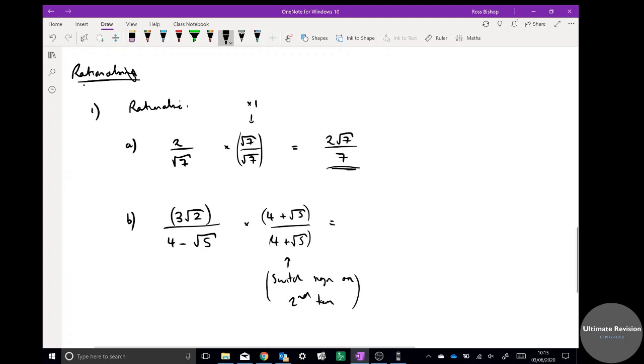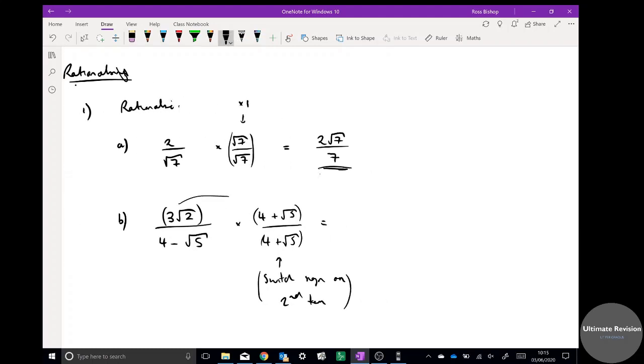And in order to do that, you'll find that it does eliminate the surd on the bottom. Okay, let's just work that through. Let's work from the top first. That's going to be 12 root 2 plus 3, and remember you can times those together, 3 root 10. Okay, and then on the bottom we're going to end up with 4 times 4 is 16.